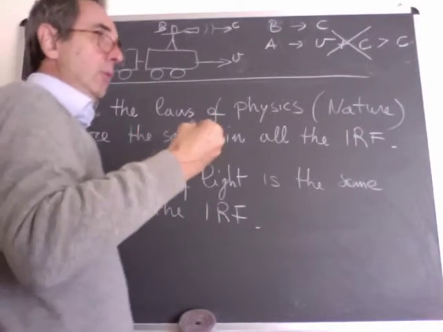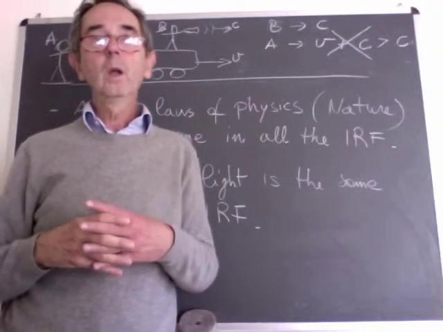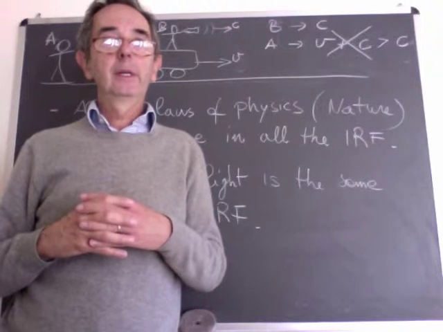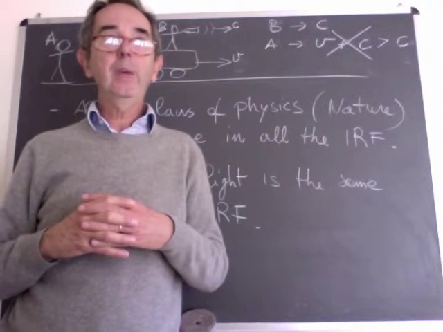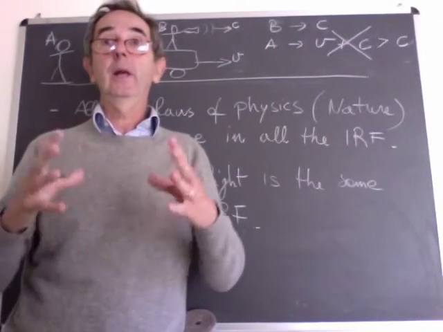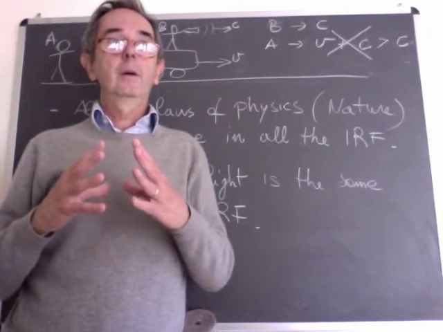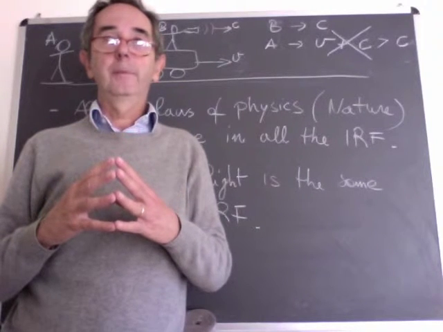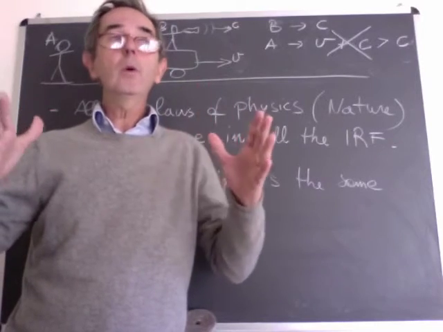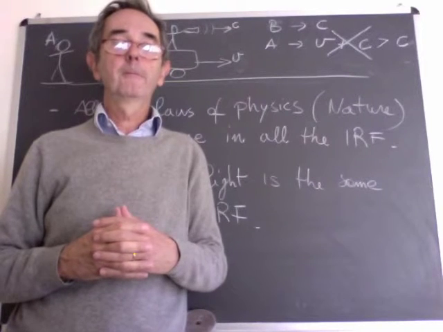This is the true huge revolution introduced by Einstein, because Newton considered space absolute and time as well absolute. So time is passing with a constant pace, equal for everybody in the universe.